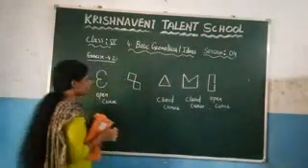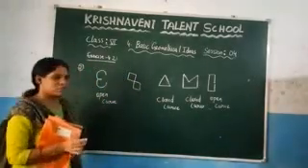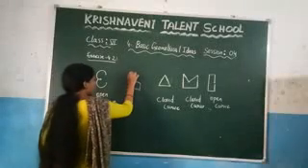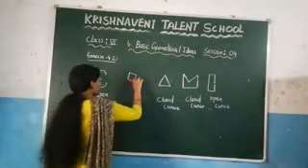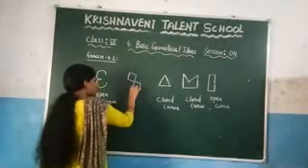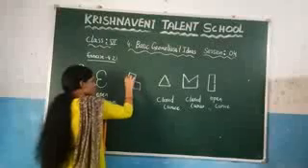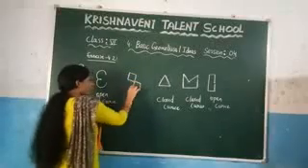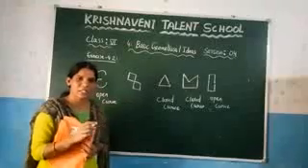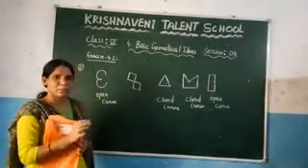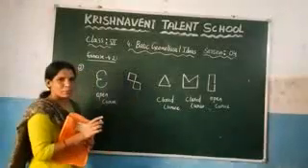Now see this one. Here you can observe that while drawing this one, if I am starting at this point, I need to draw like this, right? And if I am drawing here, these two lines cross themselves. And you know that before class I have explained, if a curve crosses itself, we can say that it is not a simple curve. Clearly this one is not a simple curve.